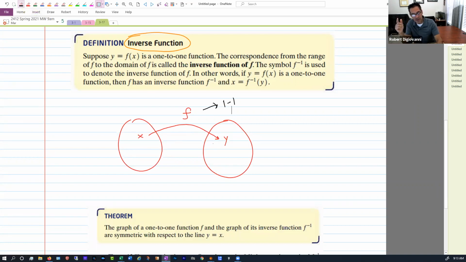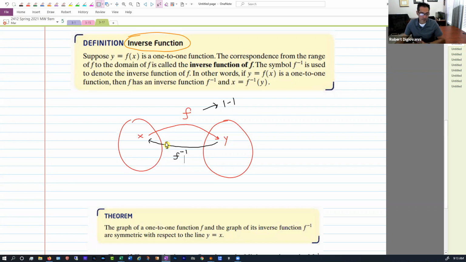Therefore, there's got to be some way to take y exactly back to x, some new function, and that we call the inverse function. We denote it with f with a little -1.